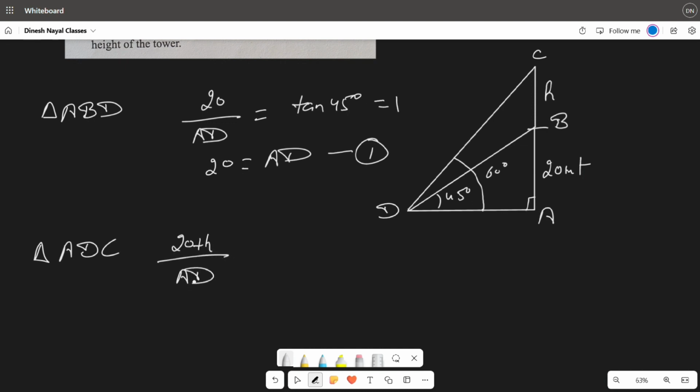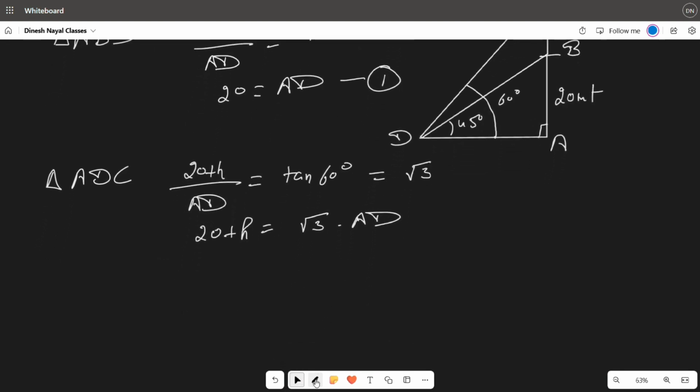This is equal to tan 60 degree. And we know that tan 60 degree is root 3. So now again cross multiply. This will be 20 plus H equals root 3 times AD. So we can write AD as 20 plus H by root 3.